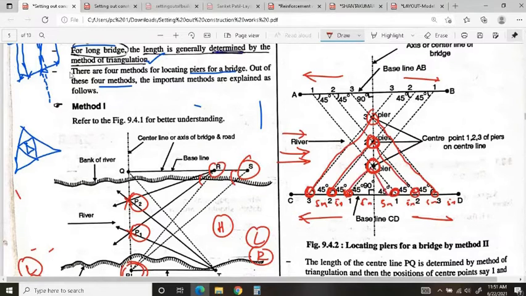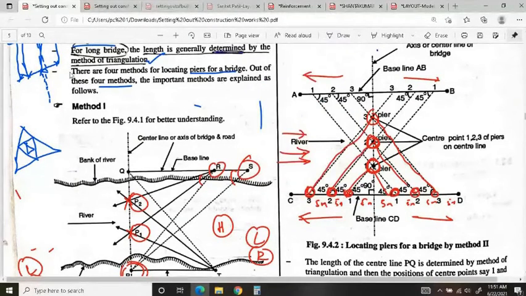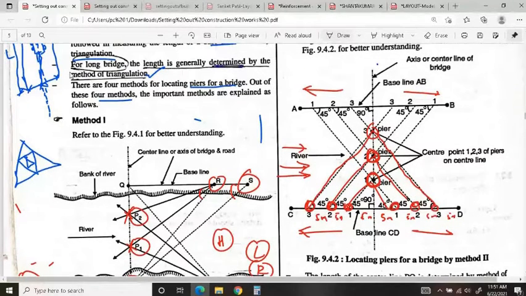For a check, you can just reverse it. You keep the instrument here, 45 degrees, 45 degrees, you get the second pier, and similarly the third pier.